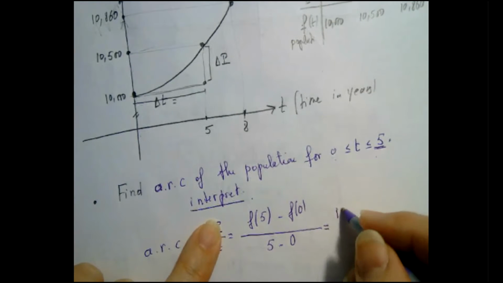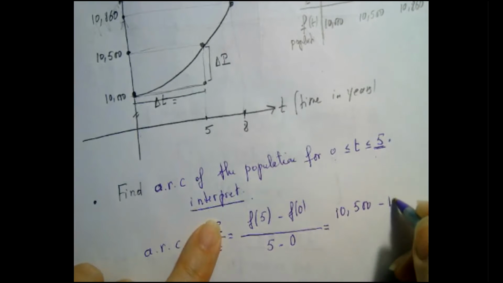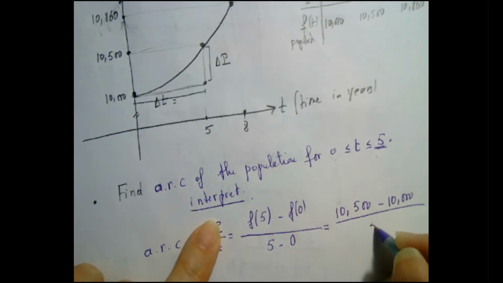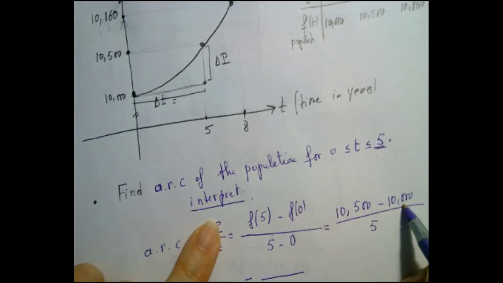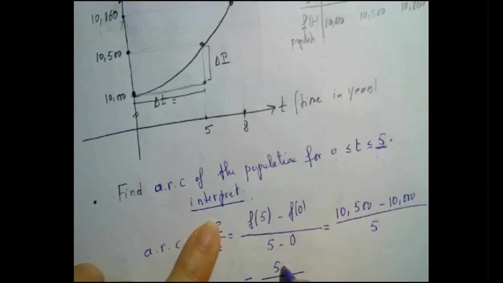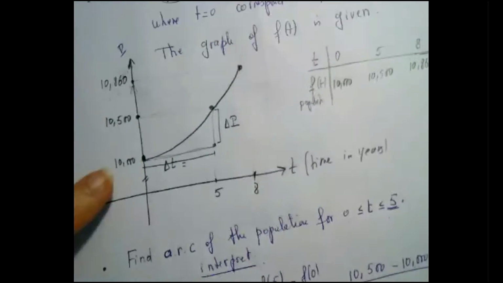It means the population after 5 years minus the population at t equal to 0, divided by 5. Please stop me if there is anything you don't understand. So it's going to be equal to what? That's 5.